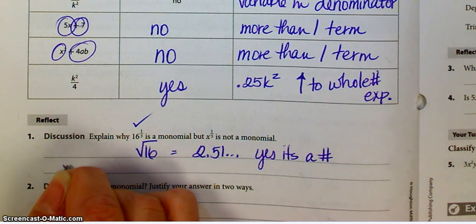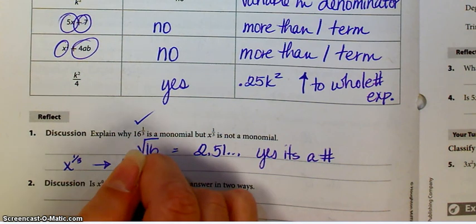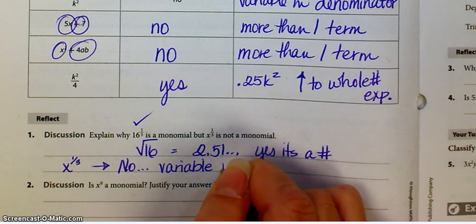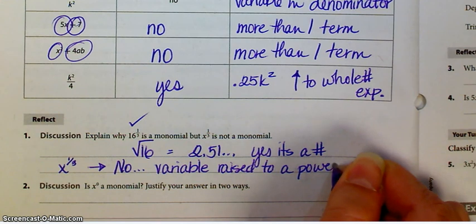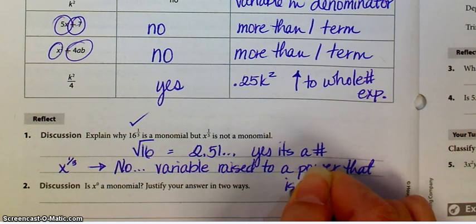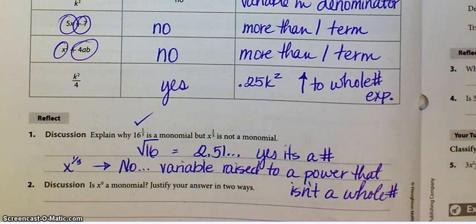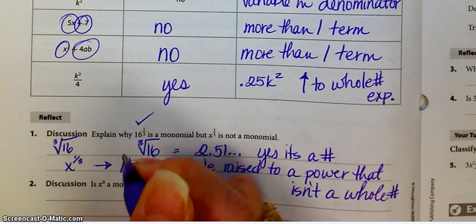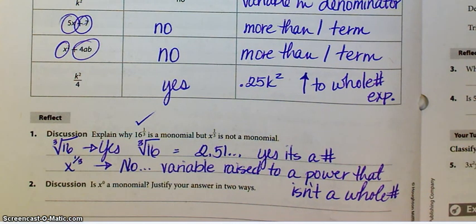Because it is a variable raised to a power that's not a whole number. So the cube root of 16, or 16 to the 1/3, yes, it's a monomial, but x to the 1/3 is not.